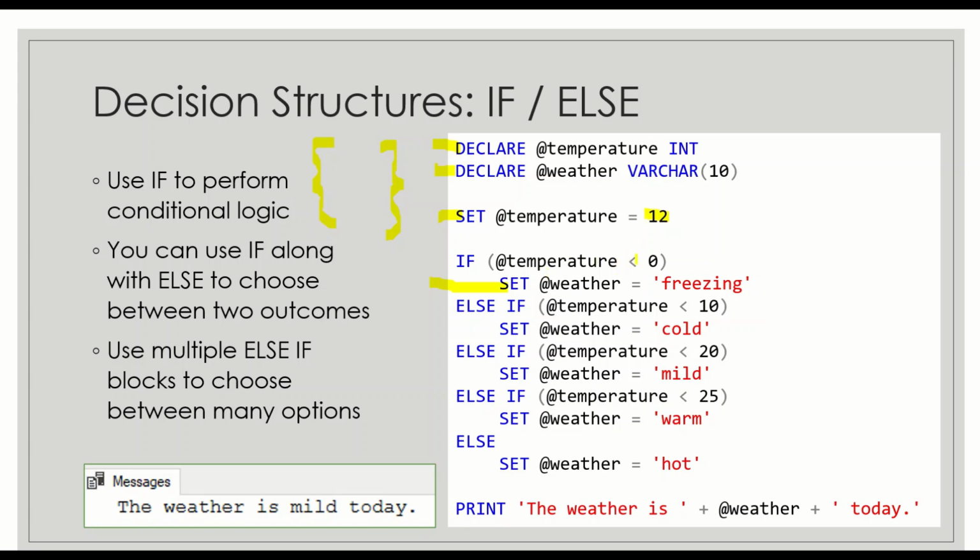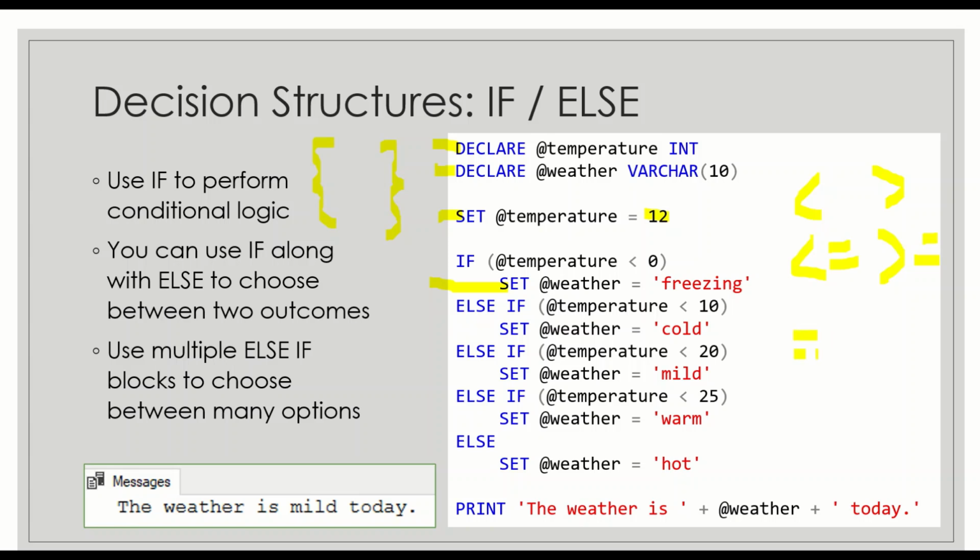So in TSQL, we have comparison operators. We've seen them before in where logic, but now we can see how they're also used with variables in an if-else situation. So we have all the same comparison operators, less than or equal to, greater than or equal to.